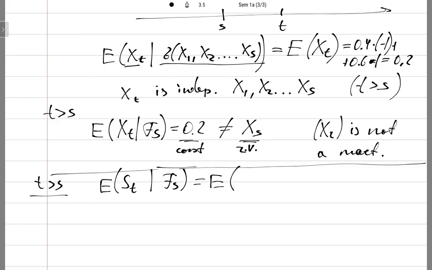So it's the expected value of Ss plus x(s+1) plus x(s+2) plus, finally, xt, given Fs.